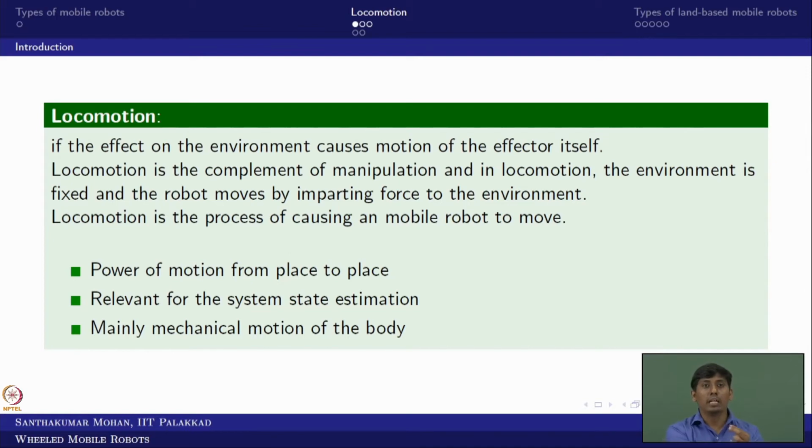One wheel would give a different kind of locomotion, two powered wheels would give a different one, and three wheels would give another. If instead of a wheel you put a leg, legged locomotion gives a different way. So locomotion means the mechanical motion of the body, and what provides it is the locomotion system.